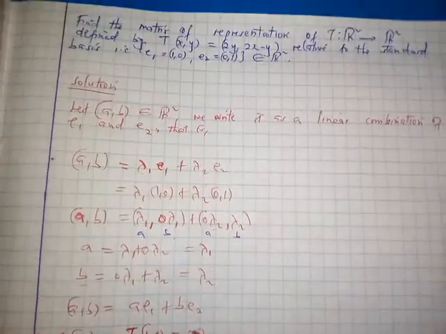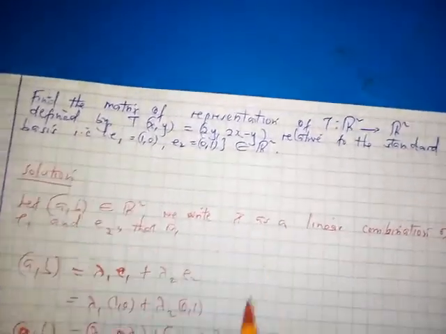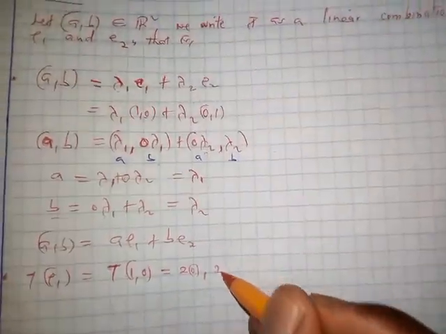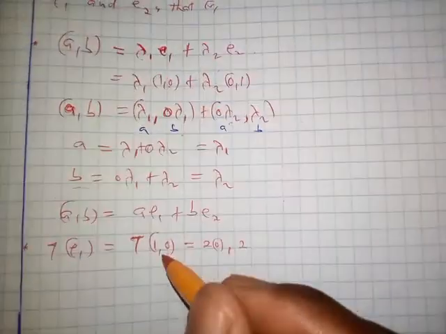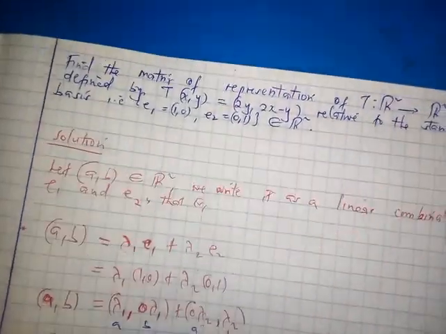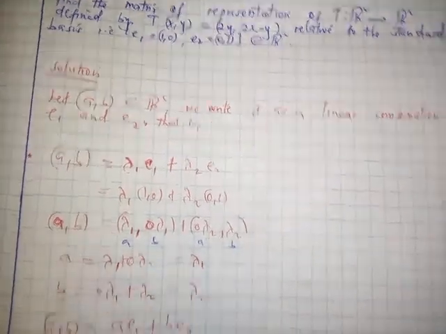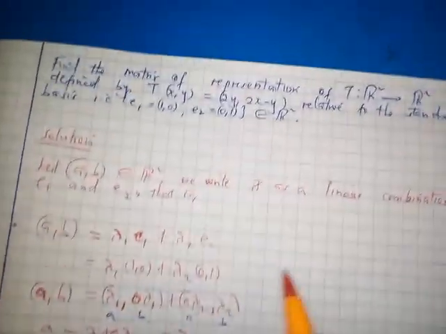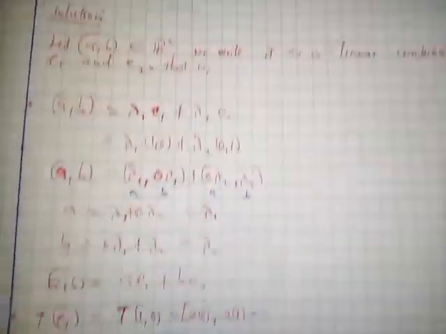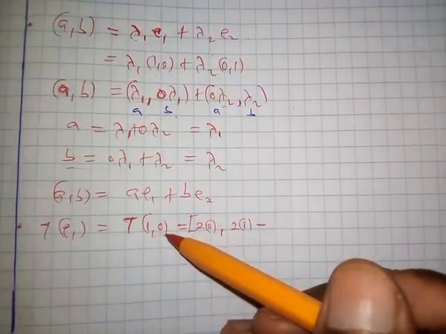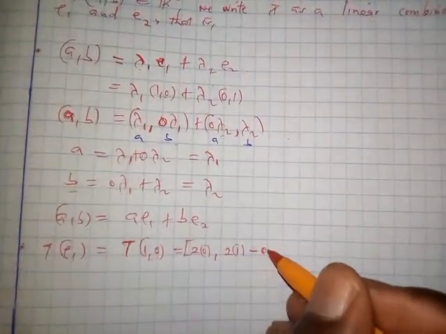Then 2x minus y. So 2 times x, and x is 1, times 1, minus y, and y is 0, so minus 0.